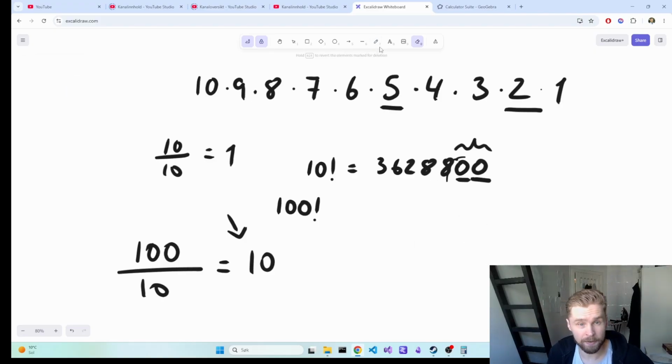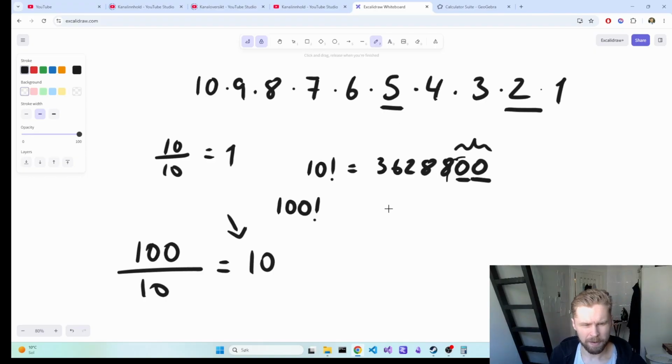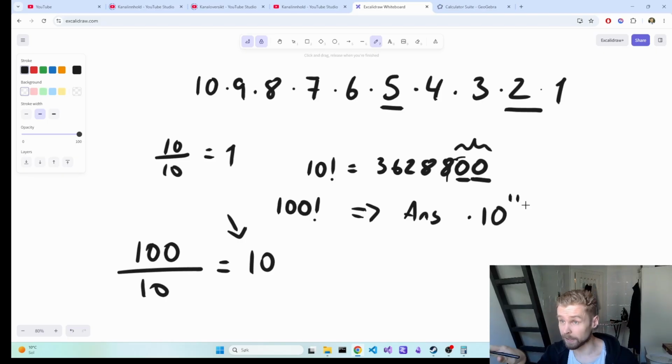I'm not sure about this, but I kind of want to say 11 zeros. That is a horrible way of writing it, but all right, so some answer times 10 to the 11th power, that's going to be 11 zeros.